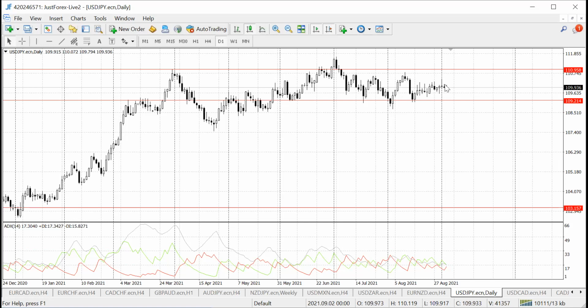So we have an inverted hammer at this particular point. So for the USDJPY, we expect it to sell, prior to the news. If you are going to make an entry for USDJPY, make a sell.